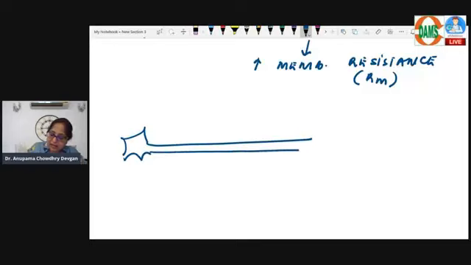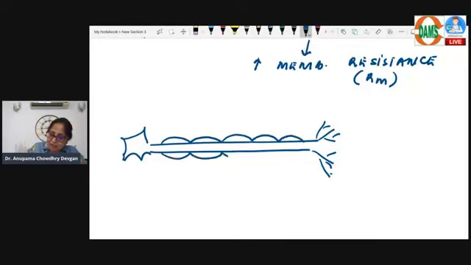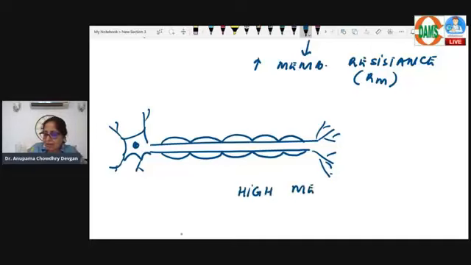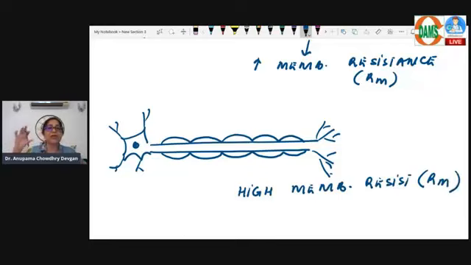If you look at a myelinated nerve fiber, unlike a wire, and I measure the total membrane resistance, it has a high membrane resistance, which is known as Rm.